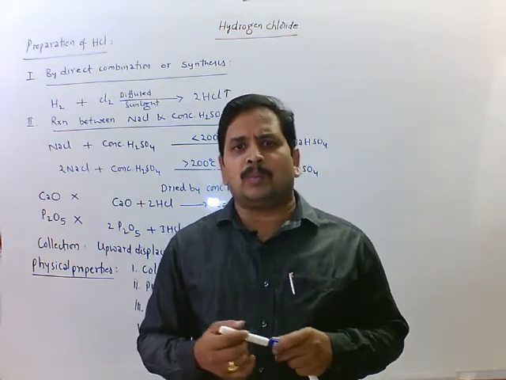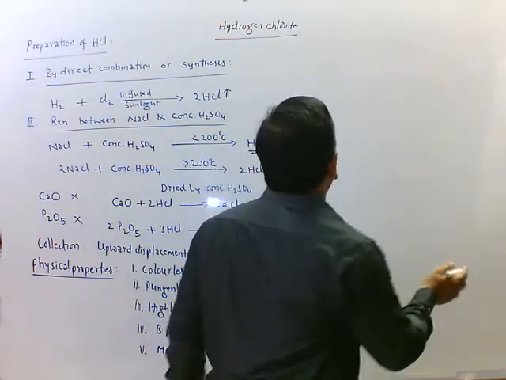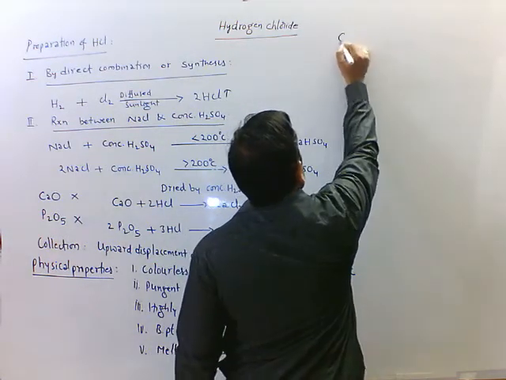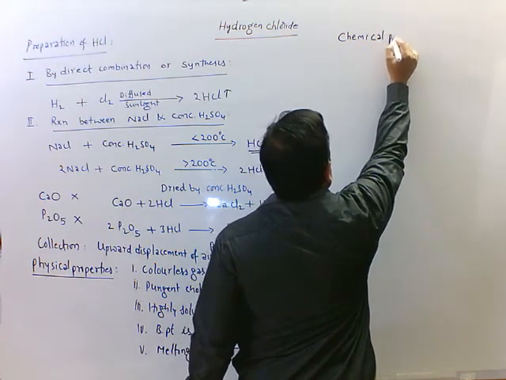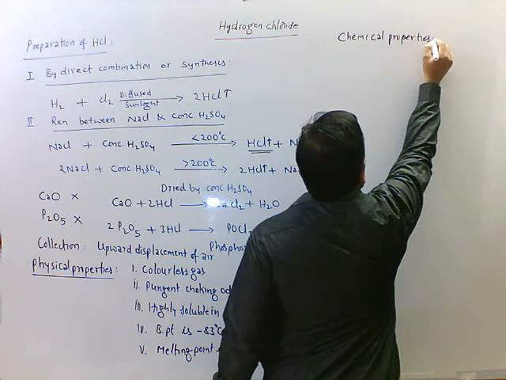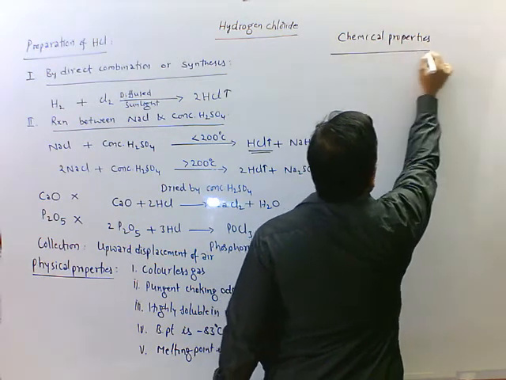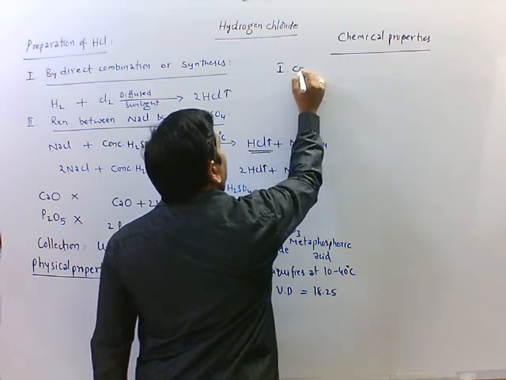Now chemical properties of hydrogen chloride. First one is combustibility.